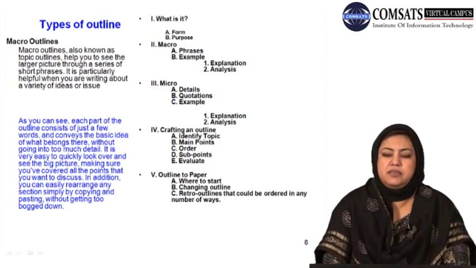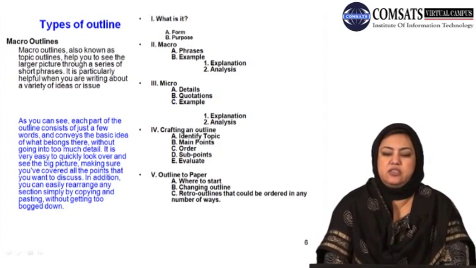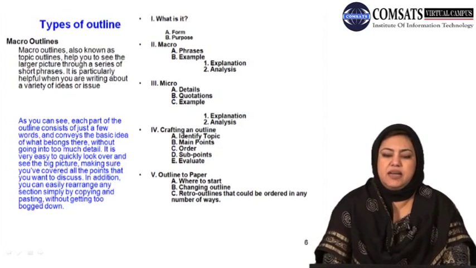And then, for the analysis of examples and their explanation, further subcategorization is used. That is again numbered as 1 and 2. In the examples you would explain each example and then you would analyze that.